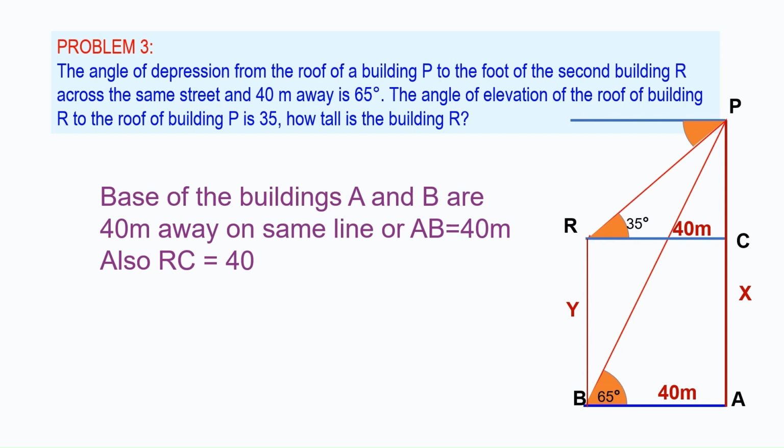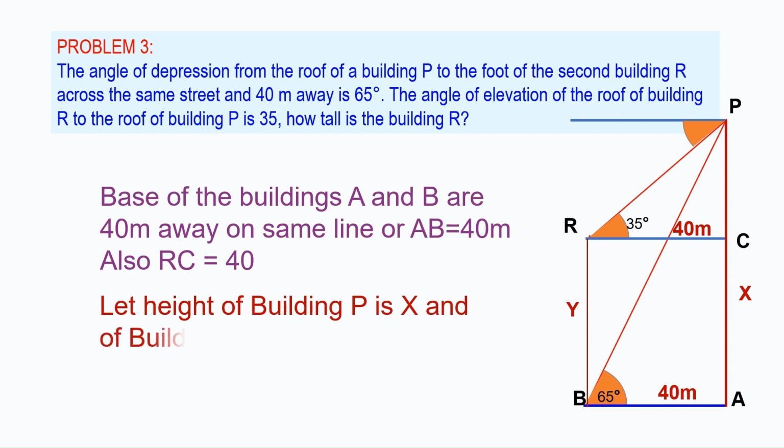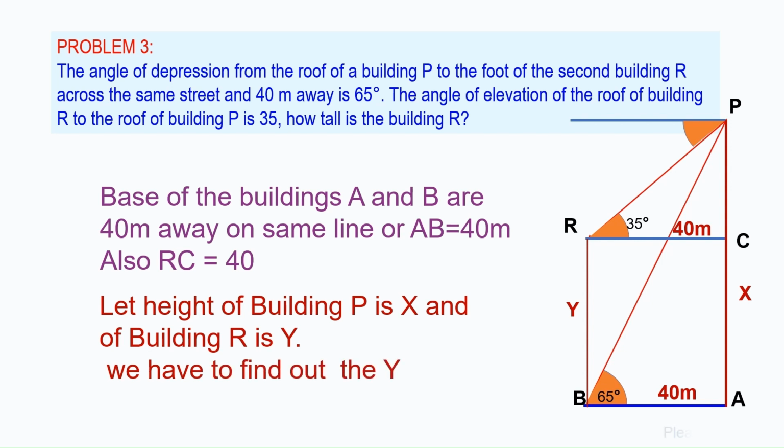So AB equals 40 meters. Also RC equals 40 meters. Let the height of building P be x and that of building R be y. We will find out y.